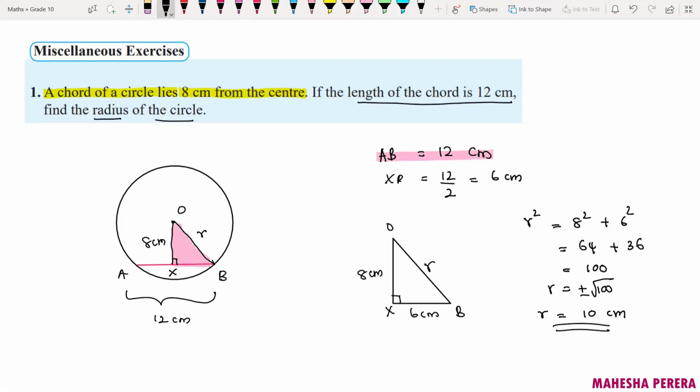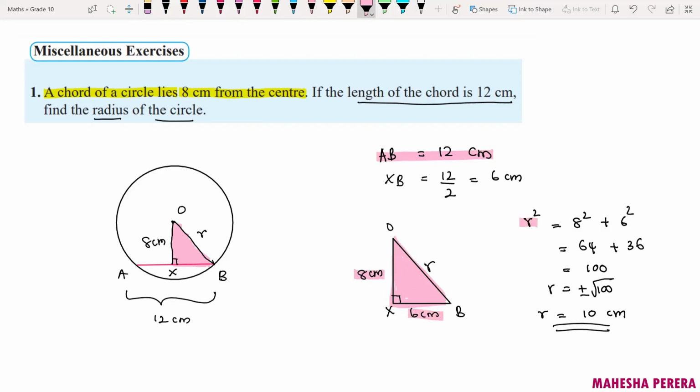XB is half of 12, right? Because of which theorem? The converse theorem, okay? So it is 6 centimeters. Half of 12 is 6 centimeters. So when you consider the right angle triangle, the radius becomes the hypotenuse, right? And here this side is 8 centimeters and this side is 6 centimeters.